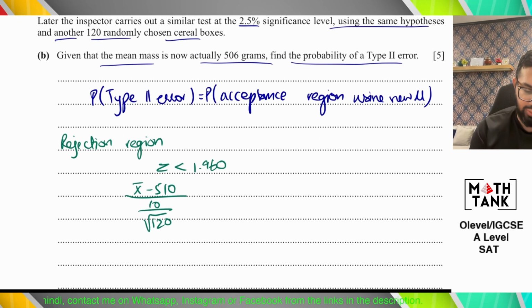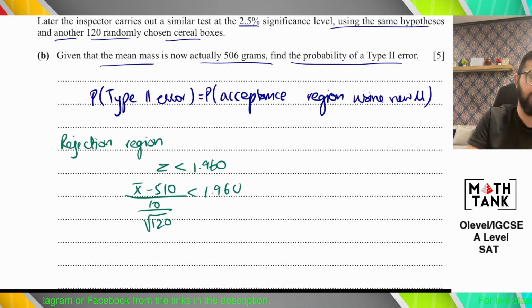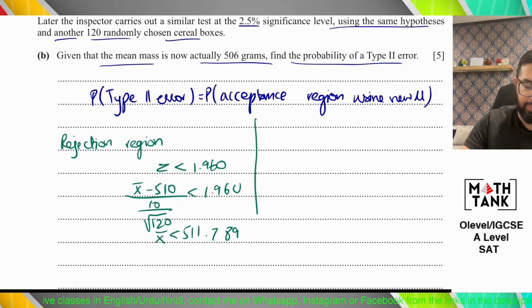That is the rejection region. Let's first find that out, and then we will be able to convert it into the acceptance region. 511.789.